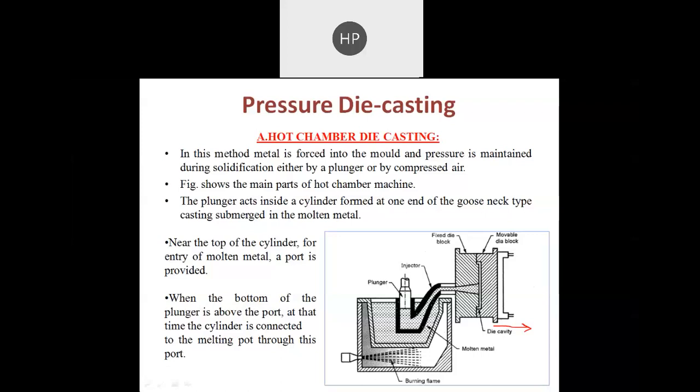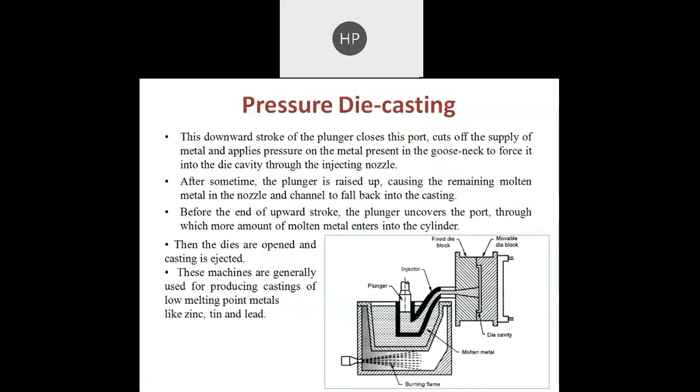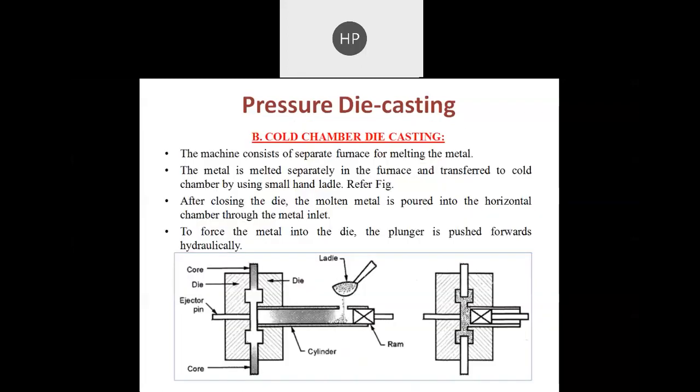So that is why generally hot chamber die casting is limited to low melting point metals like zinc, tin and lead. So that is what we have discussed about hot chamber die casting.